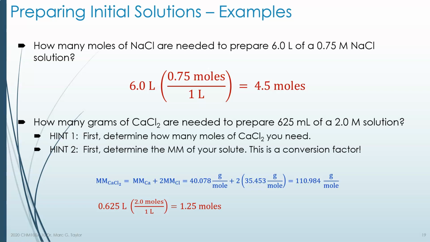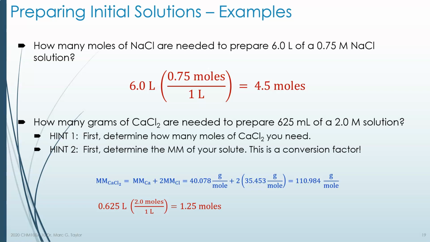Calcium has a molar mass of 40.078 grams for every mole of calcium, and chlorine has a molar mass of 35.453 grams for every mole of chlorine atoms. And we multiply that by 2 because we have 2 chlorine atoms in a calcium chloride formula unit, CaCl2.